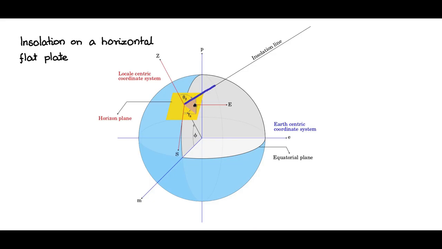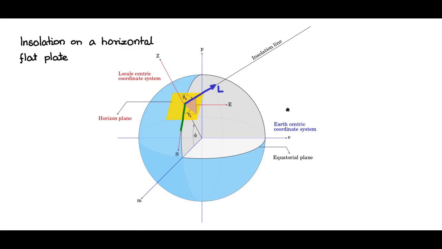Now consider a vector like this, which represents the insolation from the sun at that locality. That vector is at an angle theta z, the zenith angle, from the zenith axis. Now this insolation vector can be resolved into orthogonal components along all these axes.